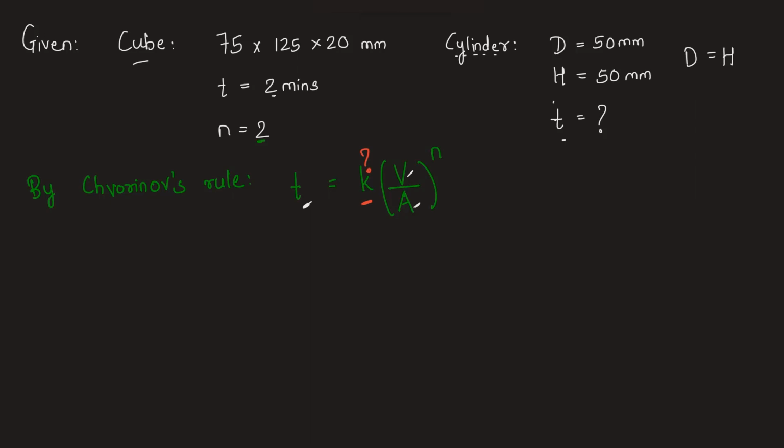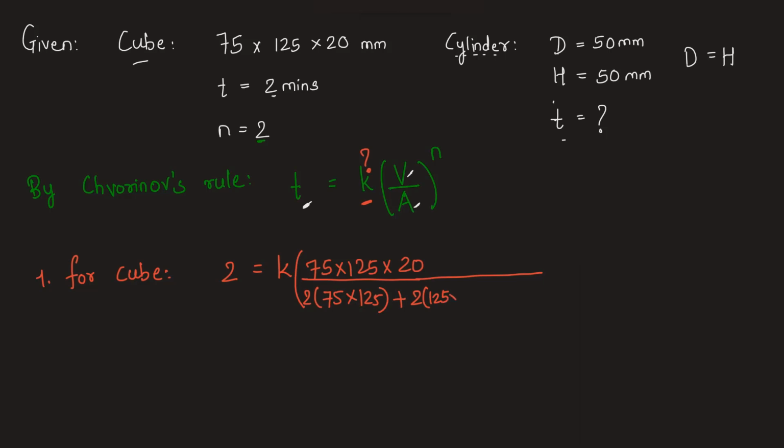So let's do it. For the cube, we have a solidification time of 2 minutes. So we have 2 is equal to K into the volume for the cubical casting, which is 75 by 125 by 20, while the surface area will be 2 times 75 by 125 plus 2 times 125 by 20 plus 2 times 75 by 20, raised to 2.